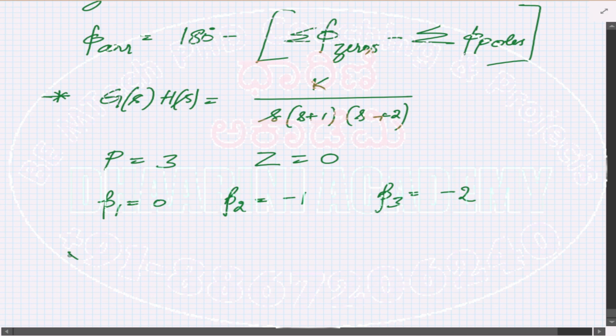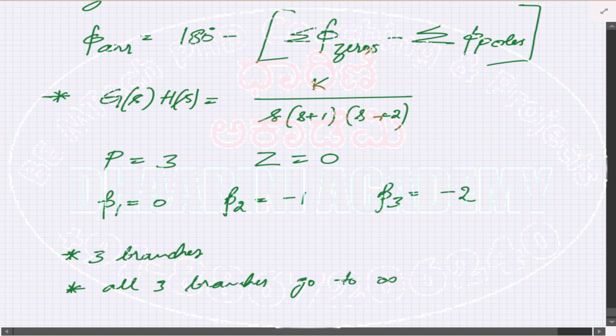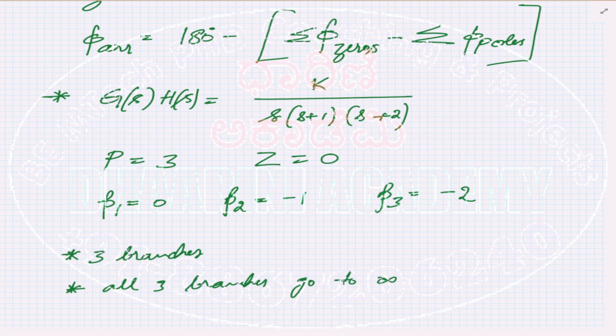So there are 3 branches, and all 3 branches go to infinity, which also gives us some idea of how many asymptotes we need. 3 branches going to infinity means I have to find 3 asymptotes.